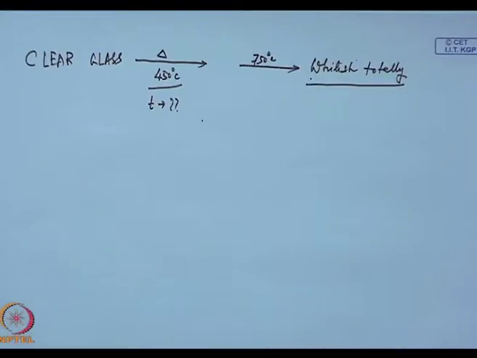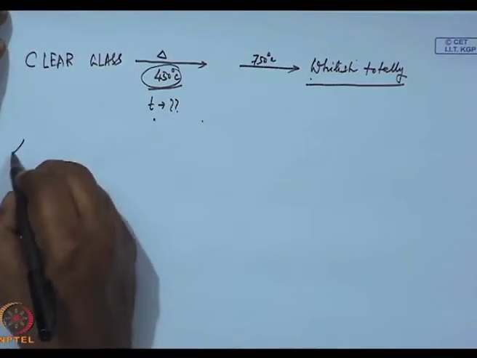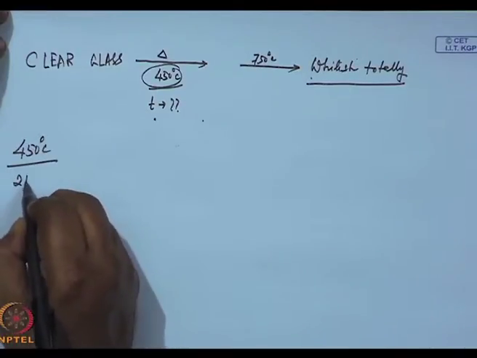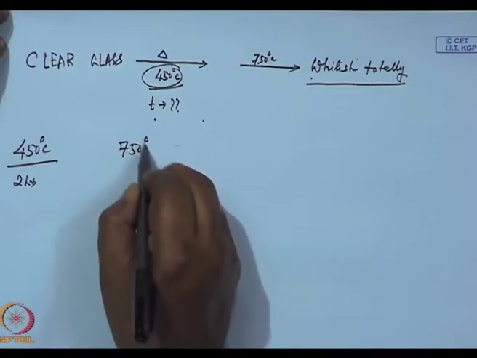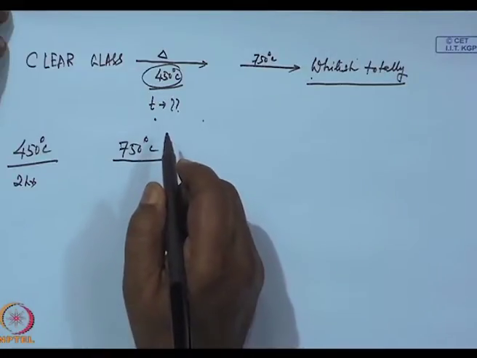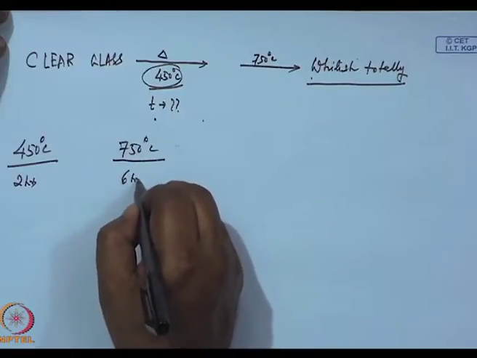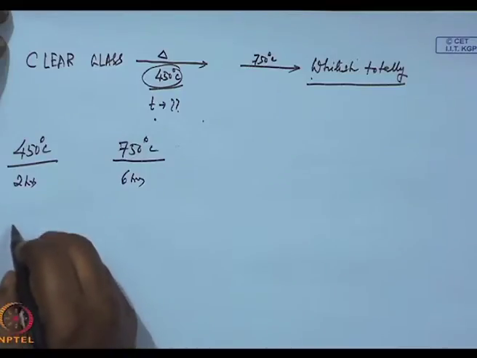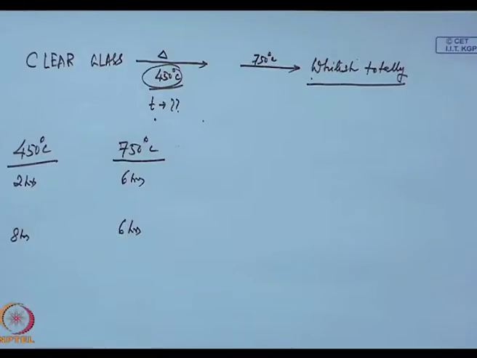Now, let me look at this temperature, 450 degrees centigrade. Let me pick a time, 2 hours. 750 degrees centigrade, let me pick a time, 6 hours. 450 degrees centigrade, 8 hours. 750 degrees centigrade, let me keep it 6 hours fixed.